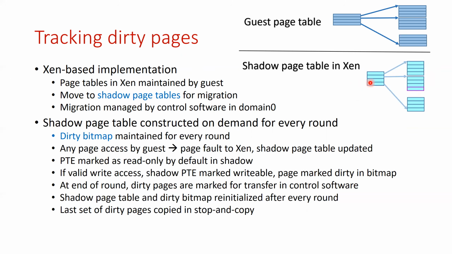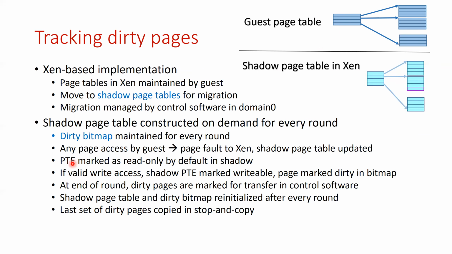Now suppose some page is accessed and there is a page fault to Zen. Zen will go back to the guest page table, look at it, and populate its shadow copy on demand. But when it does that, a normal shadow page table will copy the permissions. If this page was a read-write page, it would mark the page as read-write in the shadow page table also.